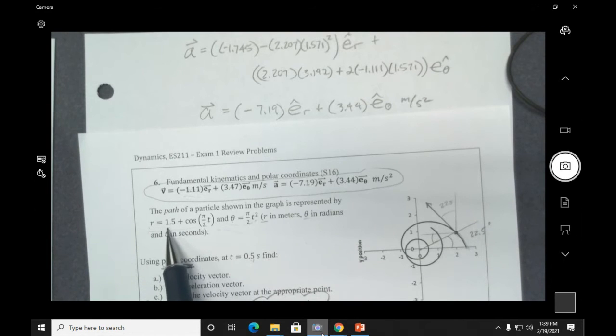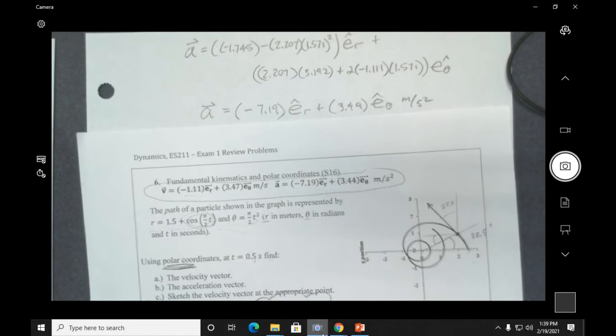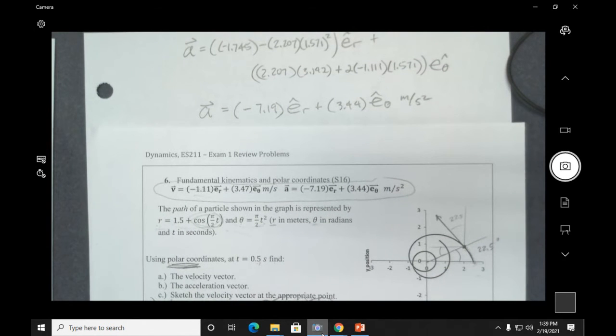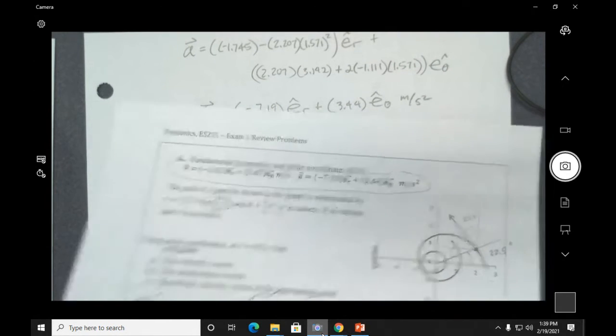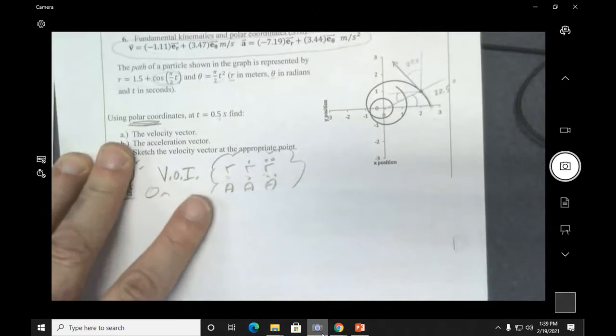We could also take a look at here and say at time 0, what is radius? That's going to be 1 right here, right? So it's going to be 2.5. So we know that that's the starting point. We've confirmed it both ways. That's an excellent question because that's actually part of the thing. You want to pick it apart and think your way through it. But we could, and probably will, have some element of this that breaks it down differently.